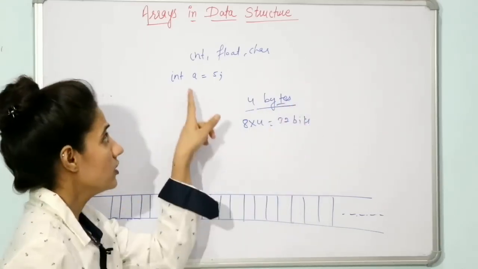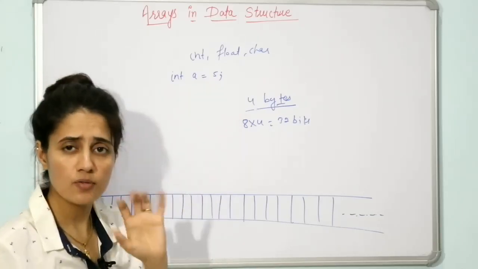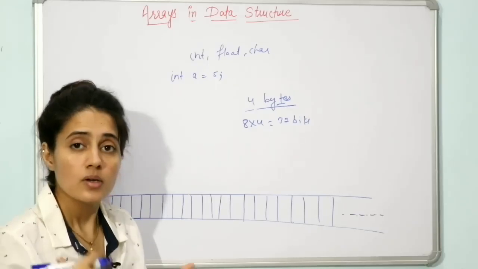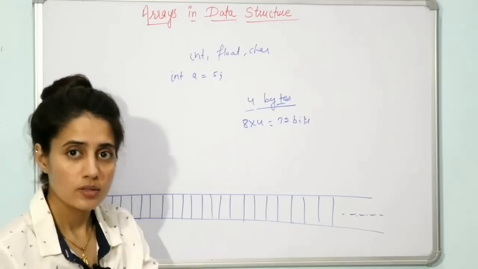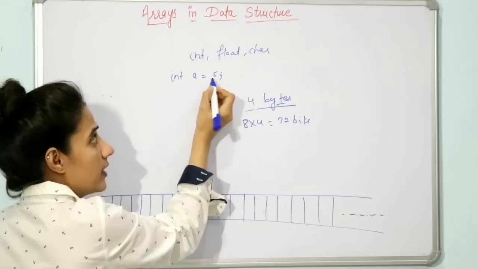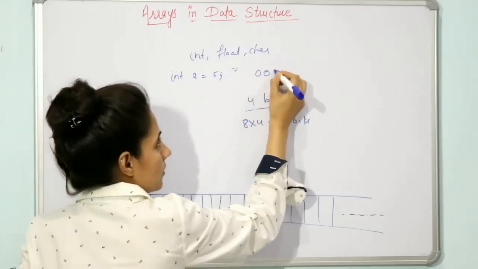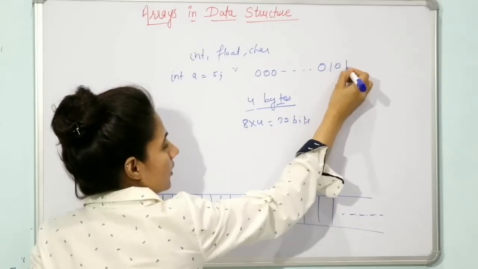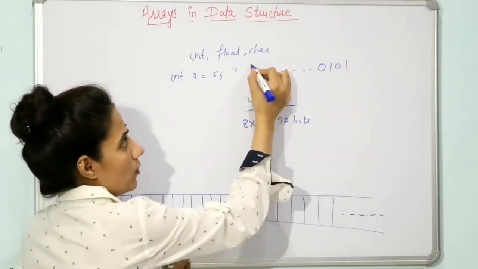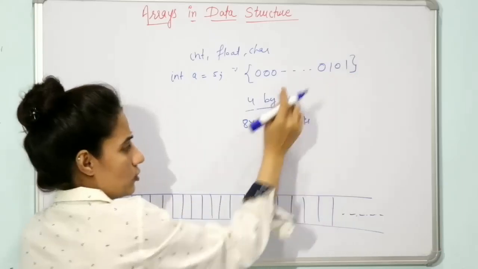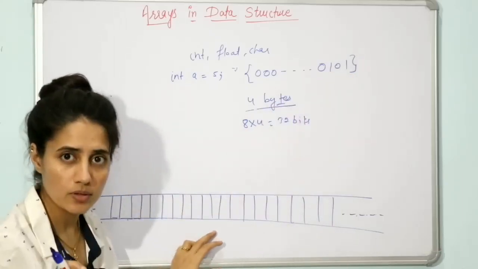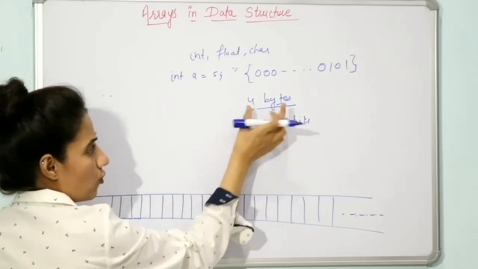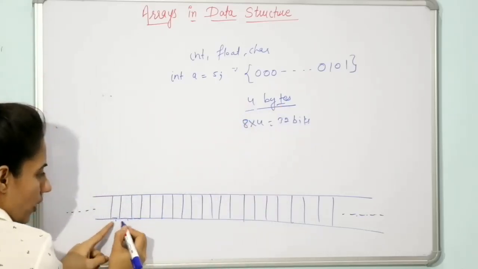Fine. Now how is this data to be stored? First of all, this decimal number 5 is to be converted into a binary number, that is in 32 bits. How can this number be represented in 32 bits? 29 zeros would be there, and then we will write 101. Now this binary number is to be stored in memory. These 4 bytes are to be allocated, 1, 2, 3, 4.